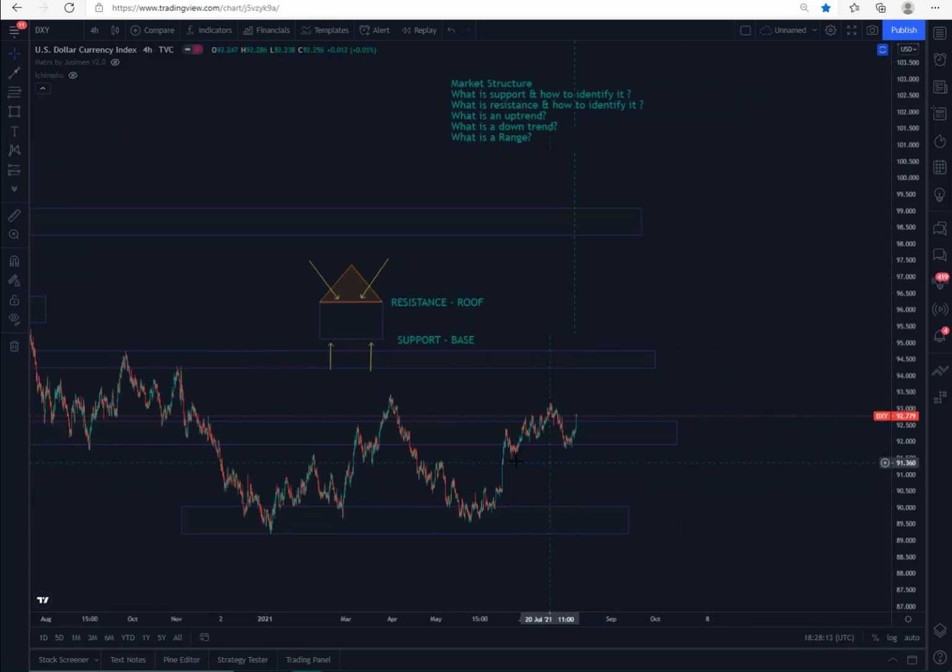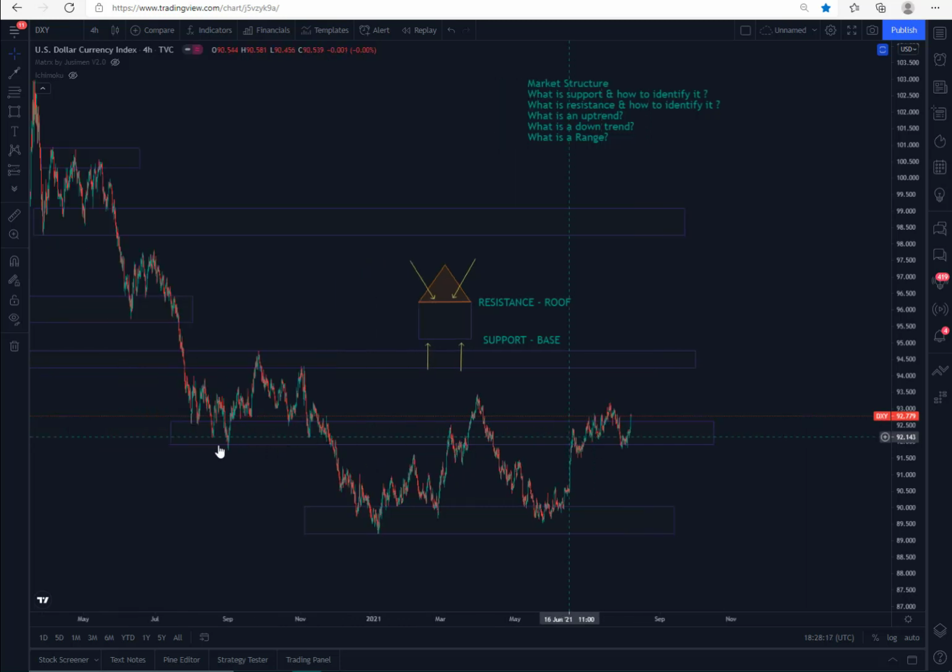Now, price is bouncing within this area here. In the past this was our support and became our resistance, then broke down. Now this area is where price is, and it's holding through support, because you can see it tried to break through, it couldn't, and it's bouncing off these levels.